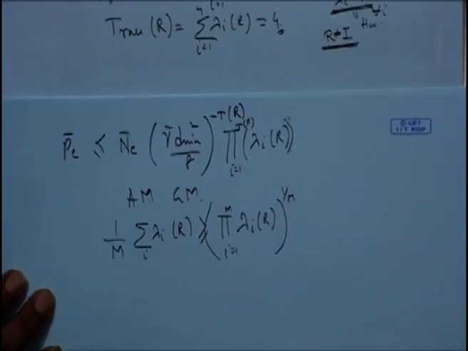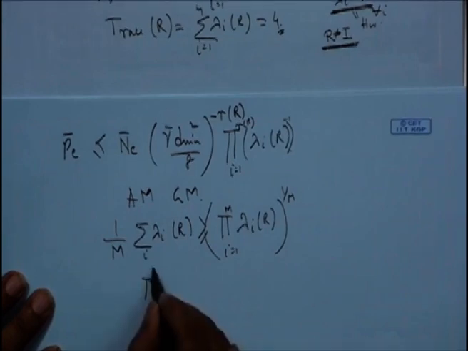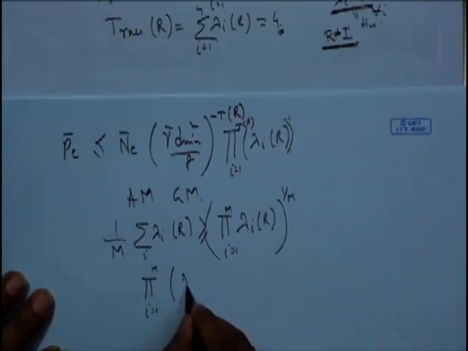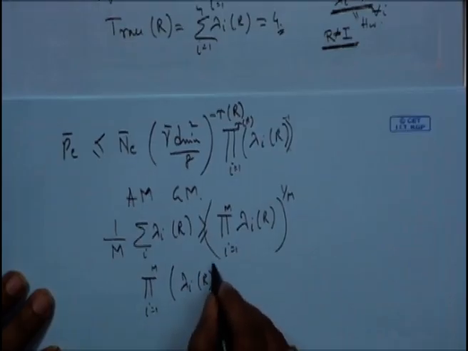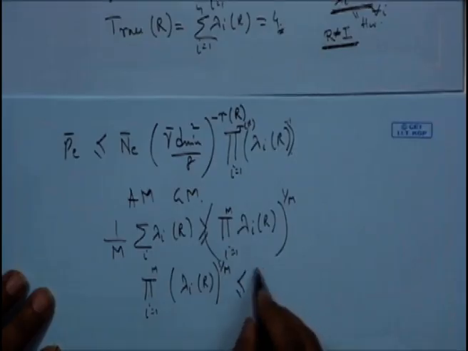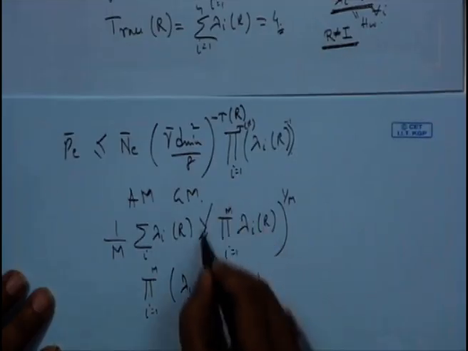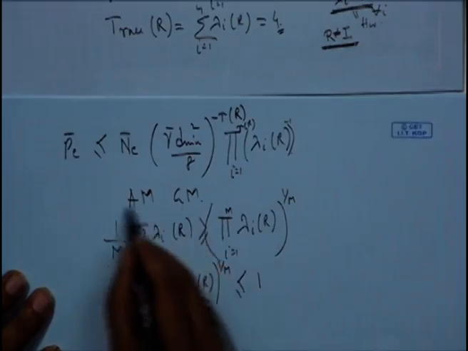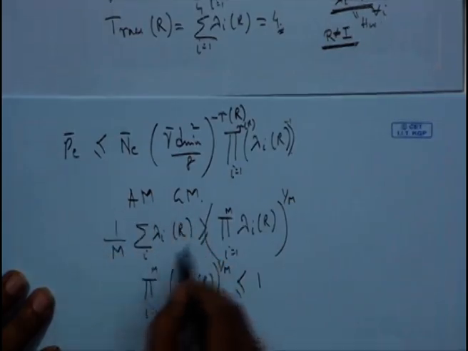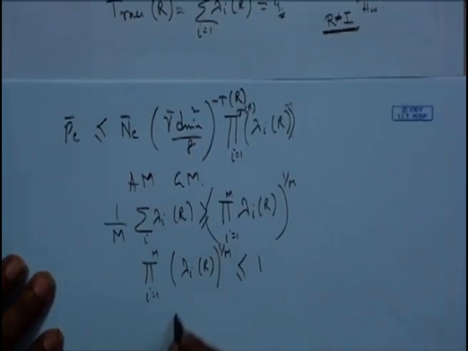Now since this should be equal to m, the product of lambda I of R raised to the power of 1 upon m is less than or equal to 1. We are just bringing it to the left hand side, because this sum is equal to m because of the total power constraint. So this thing should be equal to 1. This is less than or equal to 1.